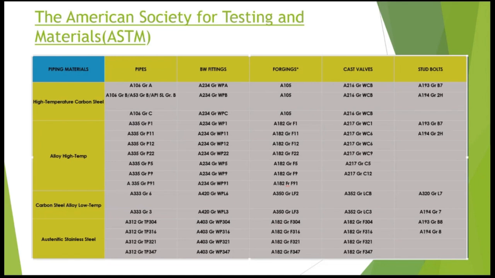On a similar basis, this is an example of different components used in piping. Let us take an example of only pipe. If I want to buy a carbon steel pipe from the market, I don't go to a vendor and say I want a carbon steel pipe.